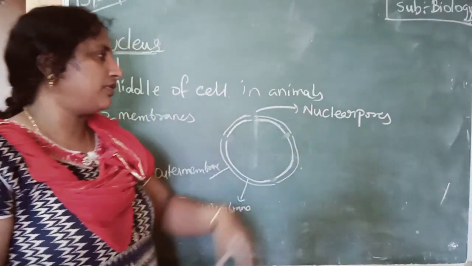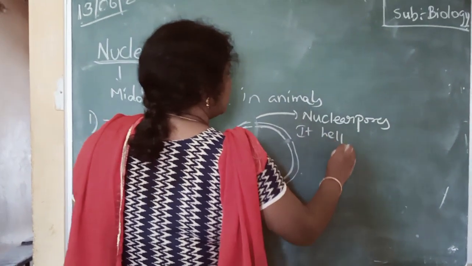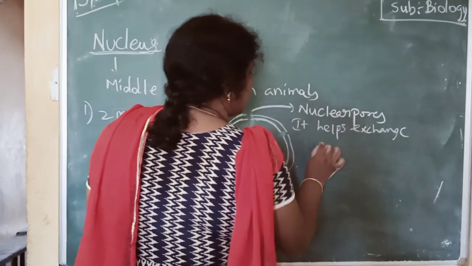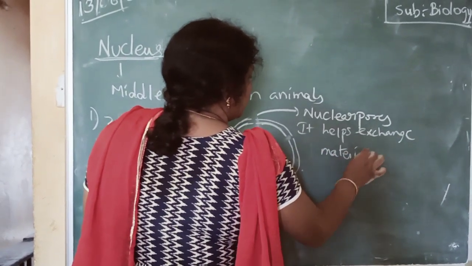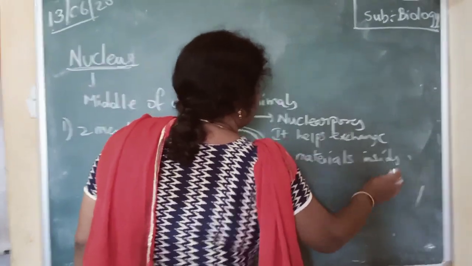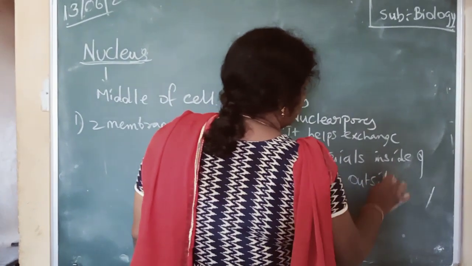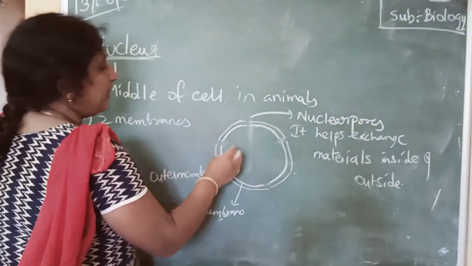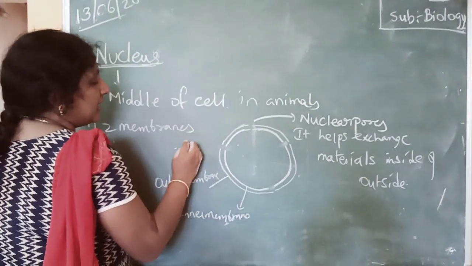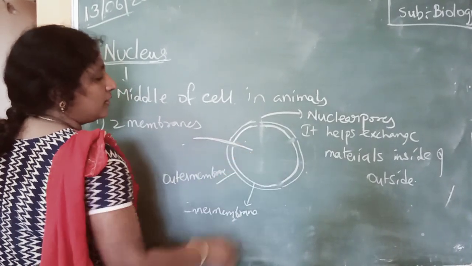What is the function of nuclear pores? They help in the exchange of materials inside and outside. Whatever materials the nucleus needs will be sent from the cytoplasm into the nucleus.